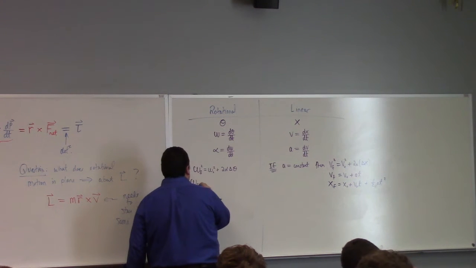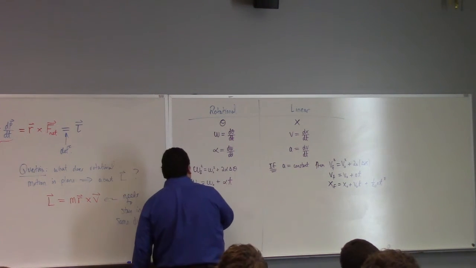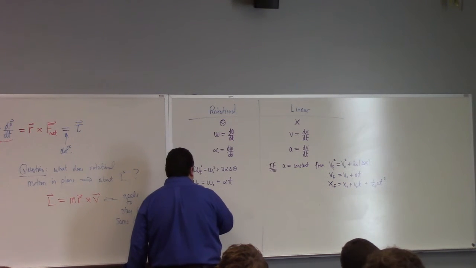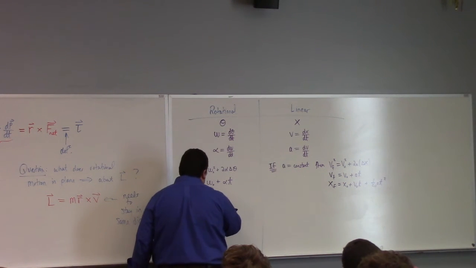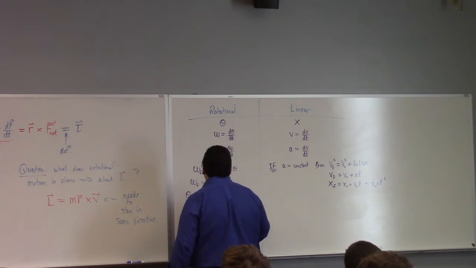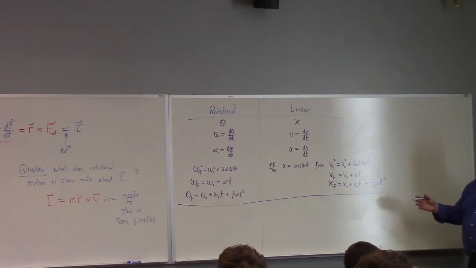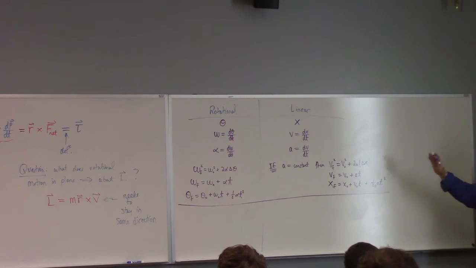Omega f equals omega naught plus alpha t. Theta f is equal to theta naught plus omega naught t plus 1/2 alpha t squared, right? So we have complete analogy between linear kinematics and rotational kinematics.